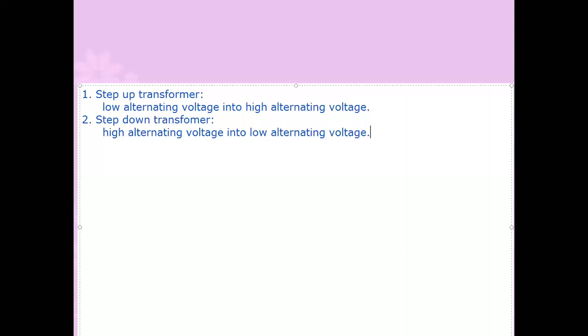So the number of turns in the primary coil is more than the number of turns comparatively in the secondary coil.